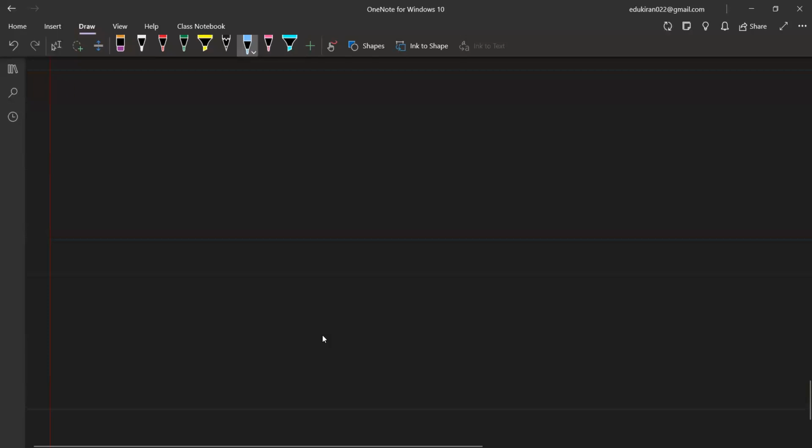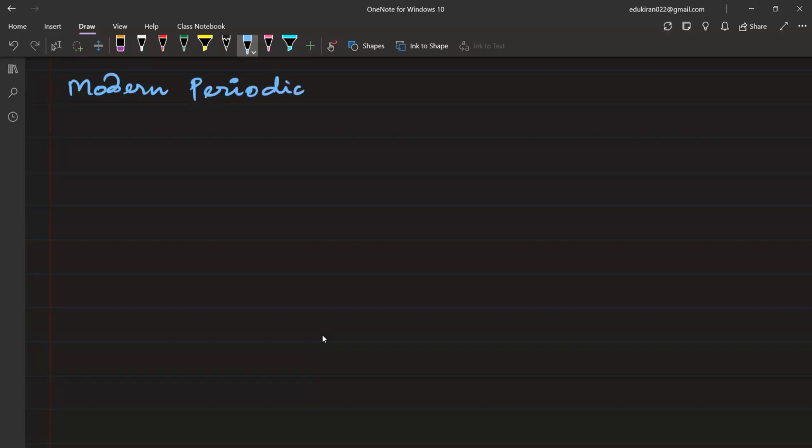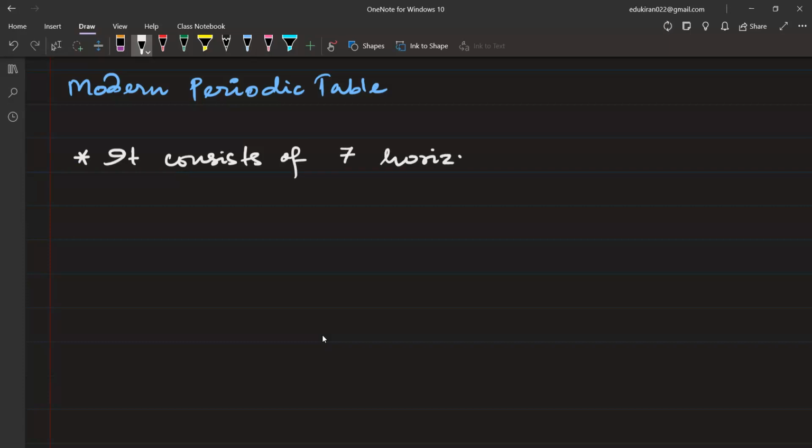The modern periodic table. Now, all of this information is very important. It can be asked directly in your exams. It consists of seven horizontal rows, called periods.